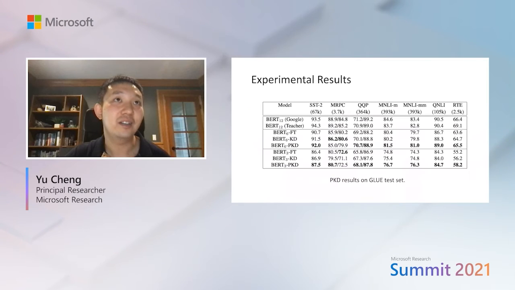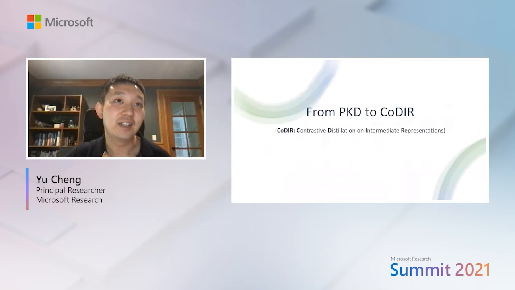In the results, on different training sets, we find patient distillation actually works better than vanilla knowledge distillation. Also, on the GLUE benchmark, the 6-layer PKD and 3-layer PKD are very close to the baseline of BERT's 12-layer model.